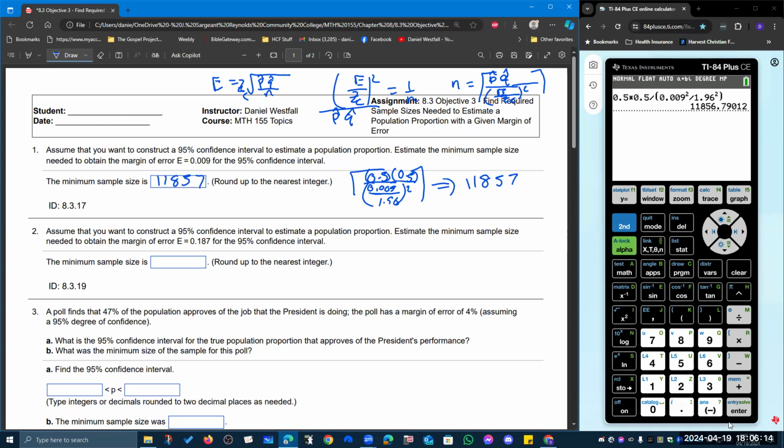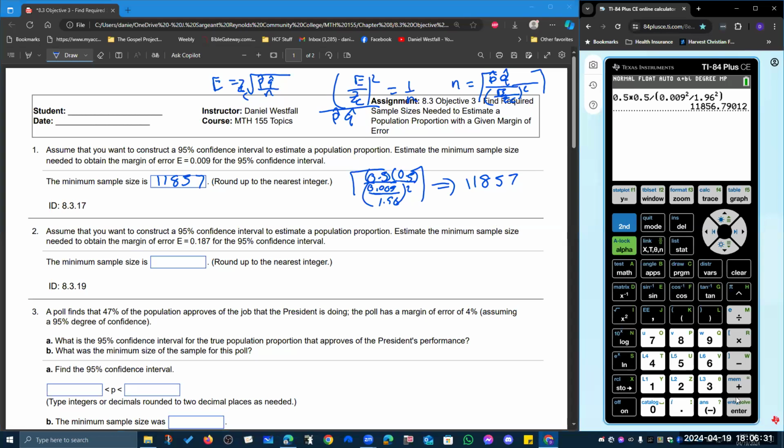We have to ask at least 11,857 people. Assume that you want to construct a 95% confidence interval to estimate population proportion. Estimate the minimum sample size needed to obtain a margin of error of 0.187 for a 95% confidence interval.